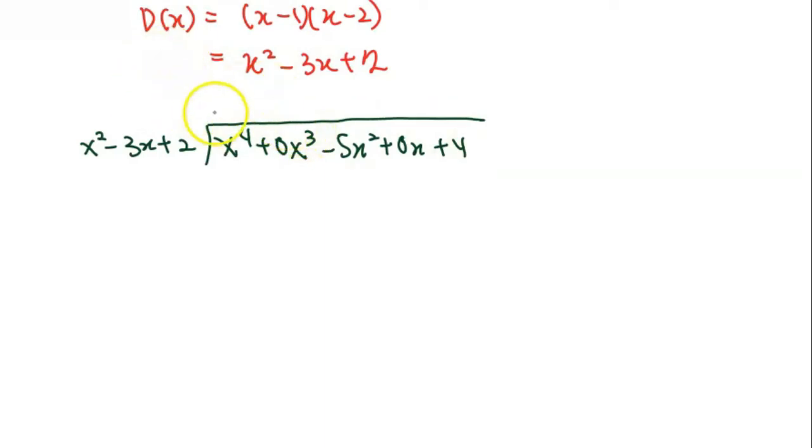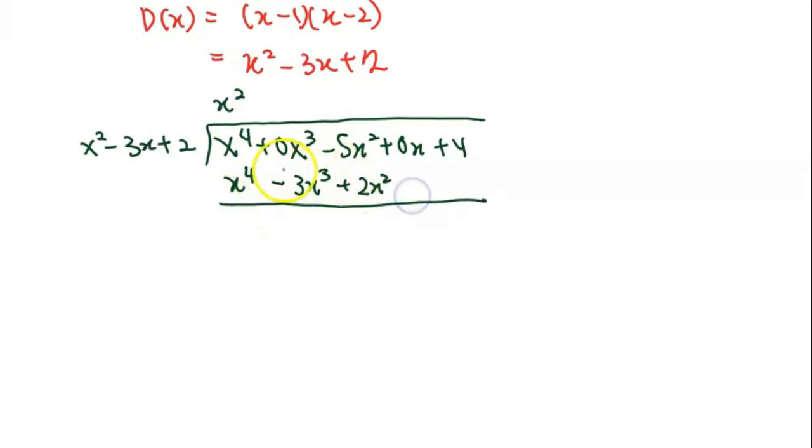So now we will start our long division. We will get x squared times x squared to get x to the power of 4. Then we expand for the rest. Minus to get the remainder.